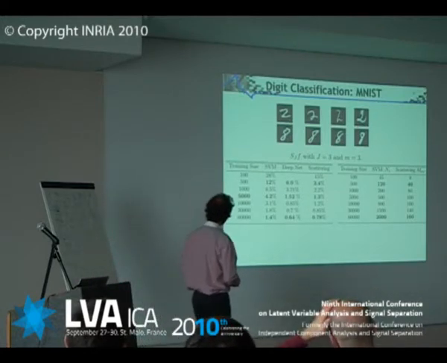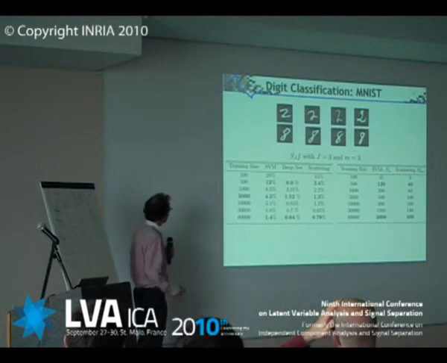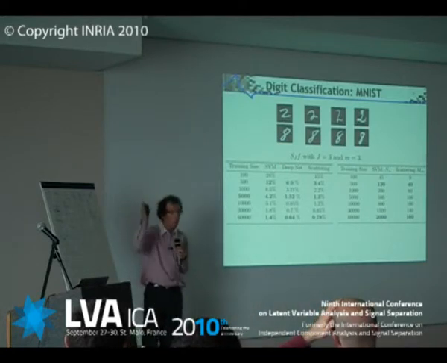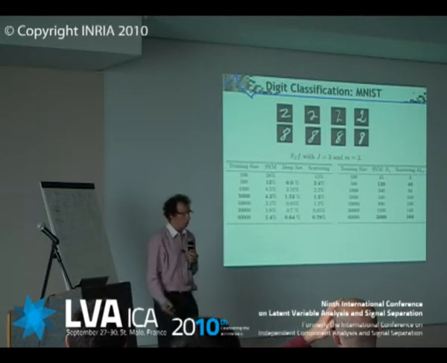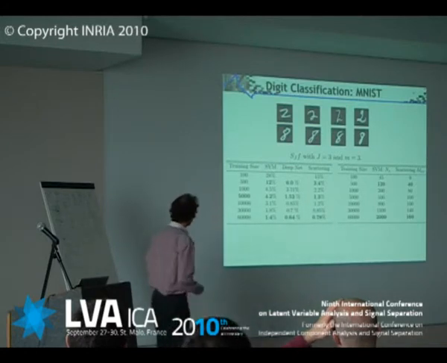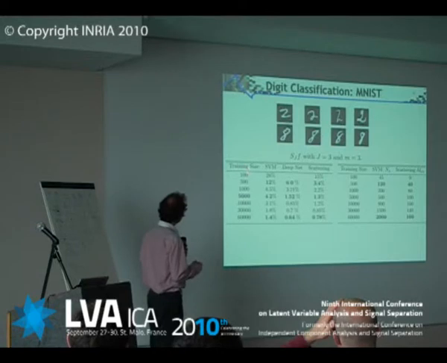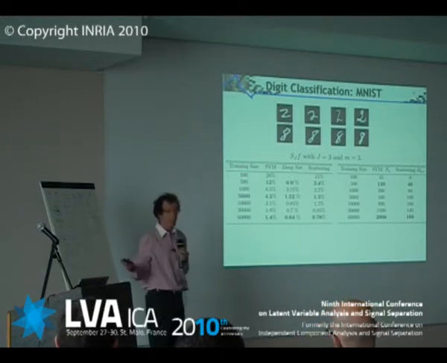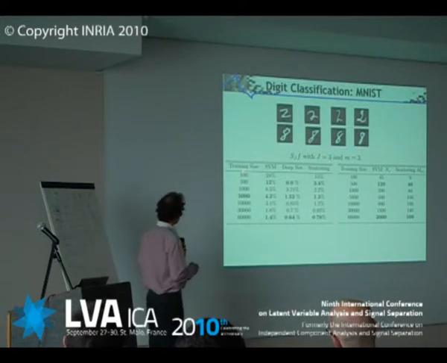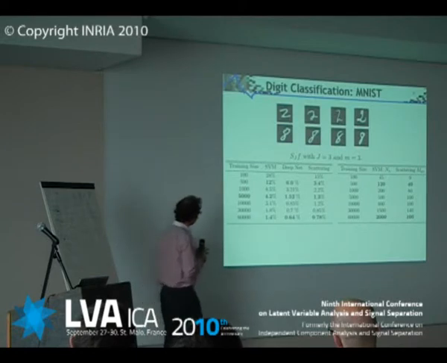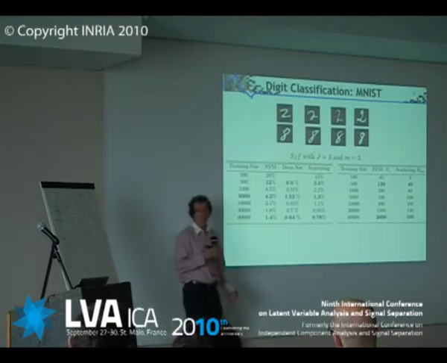So you have a database of digits, and you have the results of all the algorithms of the world doing that kind of thing. You have 10 classes, 10 digits, okay? And the training size goes from 100 training elements, that means only 10 elements per class, up to 60,000 training elements.